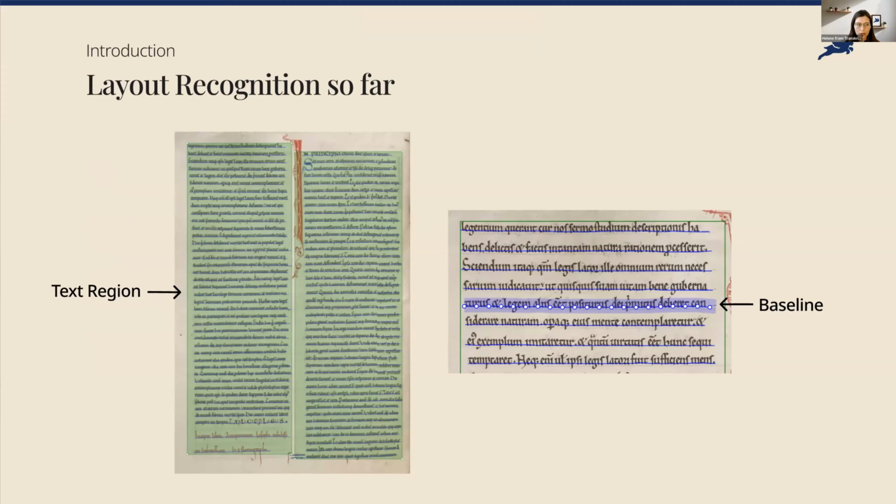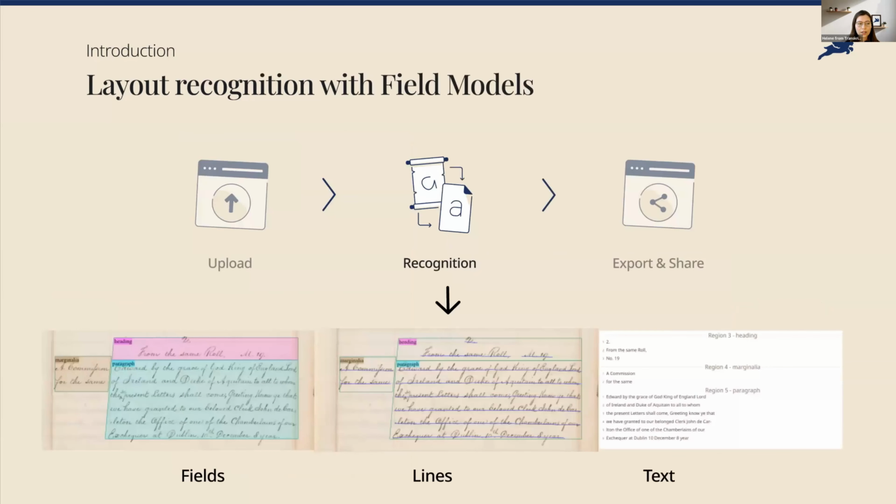So we did get the transcript, but we didn't really know if the text was part of just a block of text or marginalia, or if it was a heading. And with field models, we can now train Transkribus to automatically recognize and also tag these regions, and therefore also to specify this additional information in the transcription.